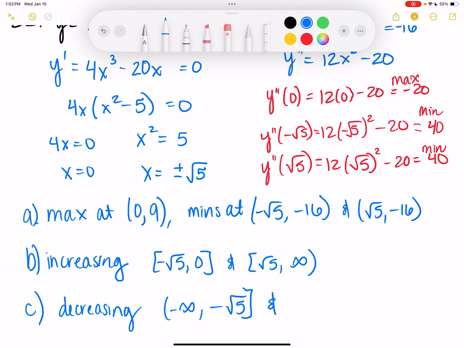No. It can't be that because that's intersecting these other intervals. 0 to infinity is including another min value, so it can't be that. Something to infinity? Can't be infinity because it's including this value if you do that.